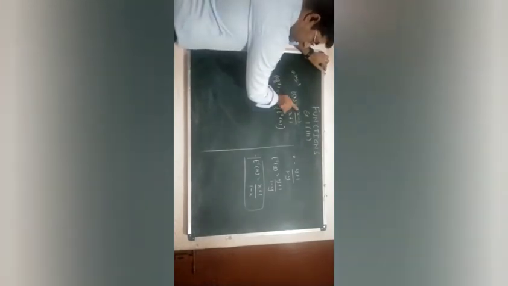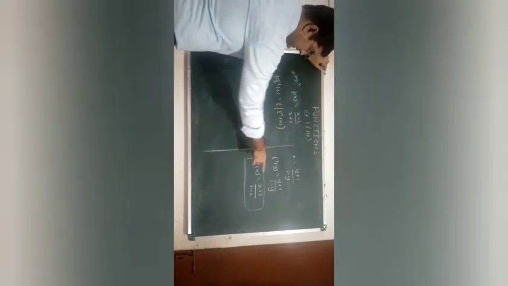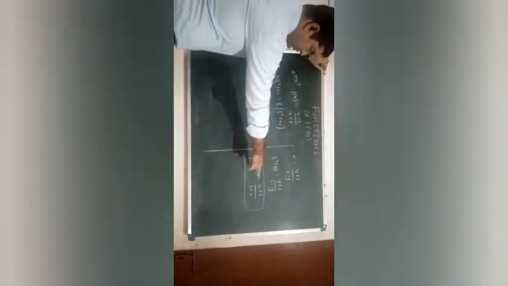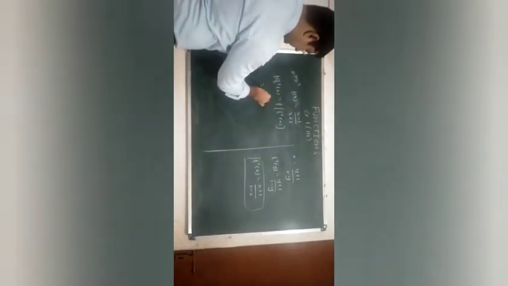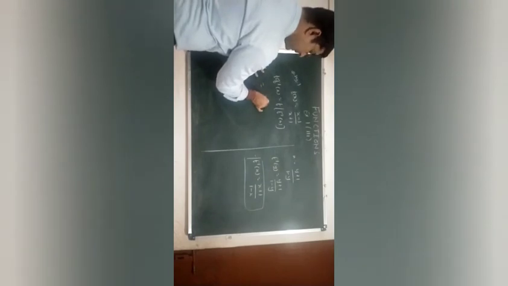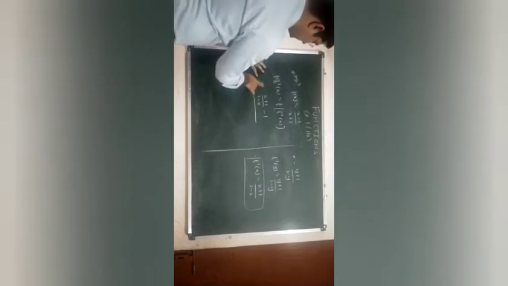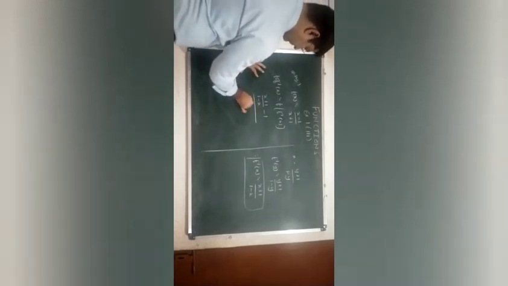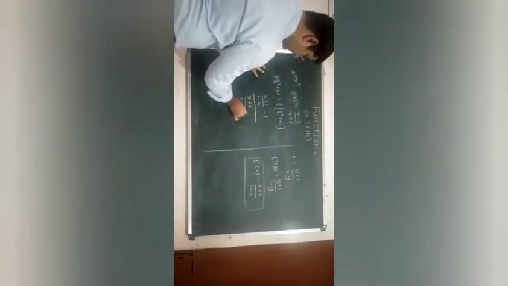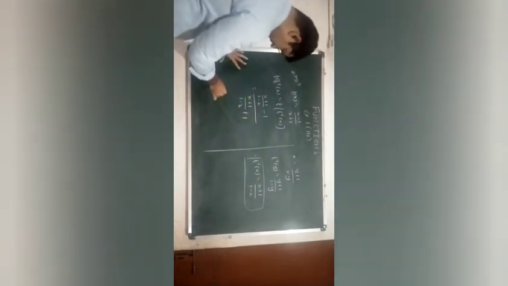In the formula for the function we will put f inverse x. For x we will substitute x plus 1 upon 1 minus x. So let us substitute: x plus 1 upon 1 minus x, minus 1, upon x plus 1 upon 1 minus x, plus 1. Let us simplify.